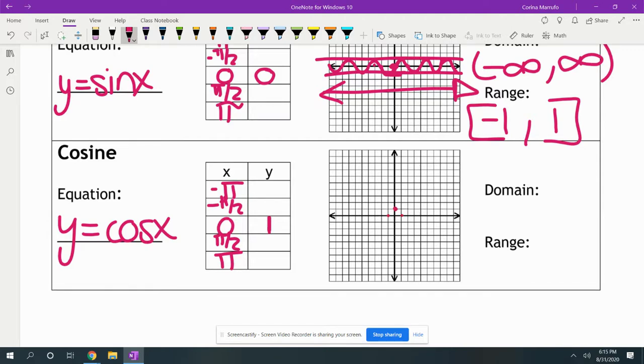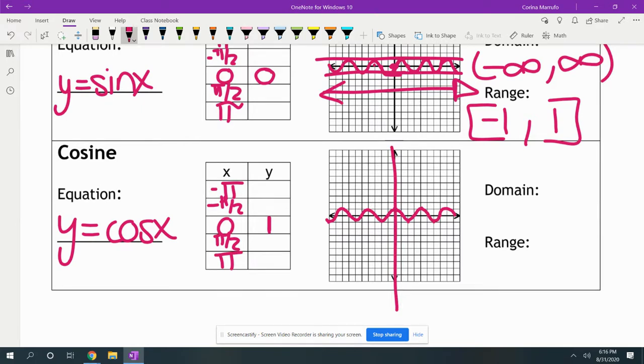And then it looks something like this. It looks pretty similar to your sine function, with little waves going, but it does not go through your origin. It's actually symmetrical with your y-axis.